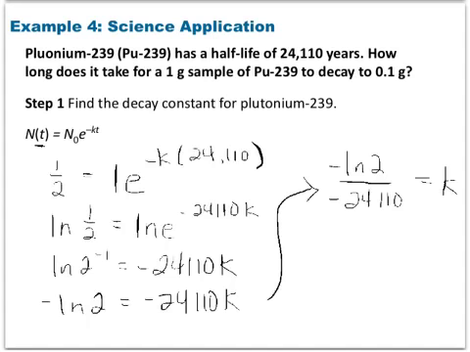That equals k. So in this instance, k equals 2.87 times 10 to the negative 5. And we're going to use that in the next slide, so write it down.